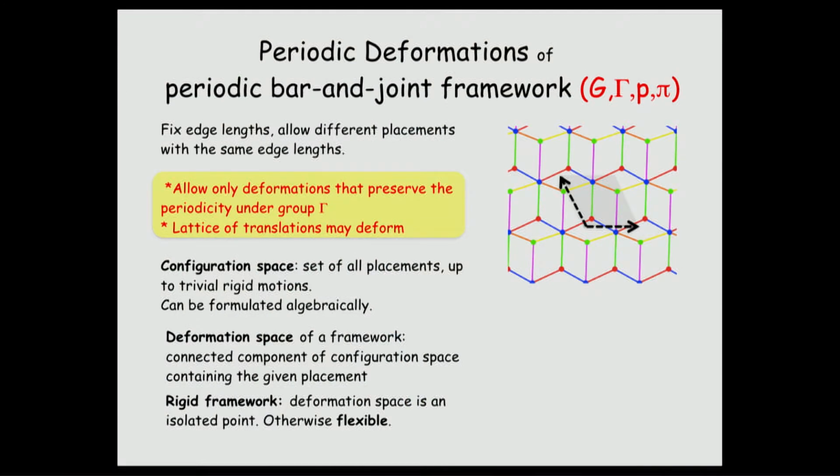So formally, when we talk about periodic deformations of a periodic bar and joint framework, in the finite case, we have a graph and the placement to talk about the framework. Here we have the graph together with the choice of periodicity. The choice of periodicity tells us that these two vertices are my representatives of the orbits, of the equivalence classes under the action of the periodicity group.